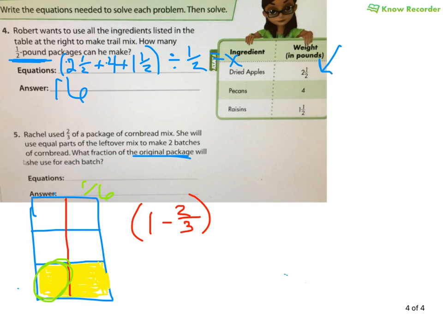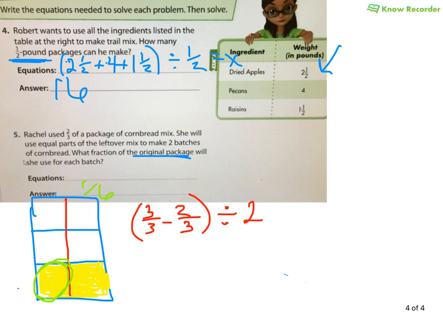Now remember, 1 could also equal, and it does equal, 3/3, because any numerator over the same denominator is 1. So I had to do that first. And I took whatever that difference was, and I divided it by 2. So, when I go to solve this, I get 3/3 minus 2/3.